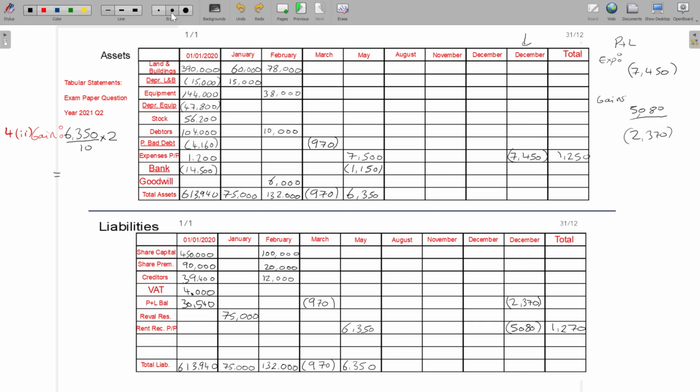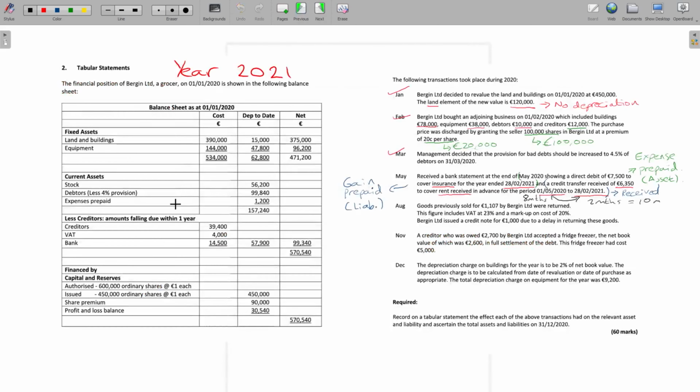So if you do it like that, it would really be a lot easier then to find your depreciation or your December charge. So that is that there. Again, that's the trickiest thing I find with the tabular statements. So we have negative 7,450 and negative 7,450.